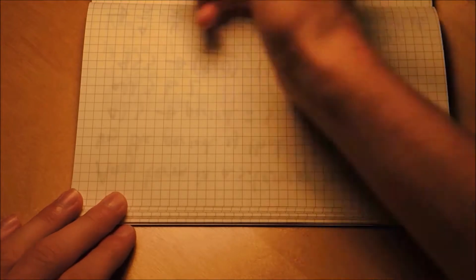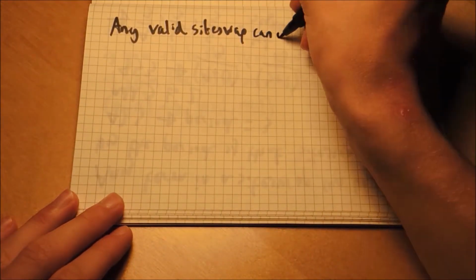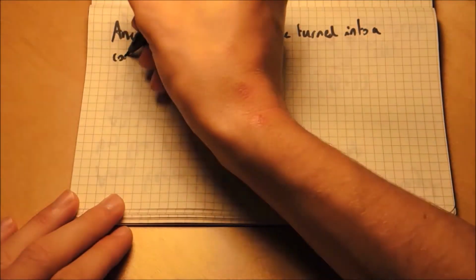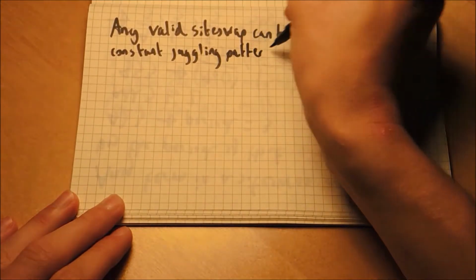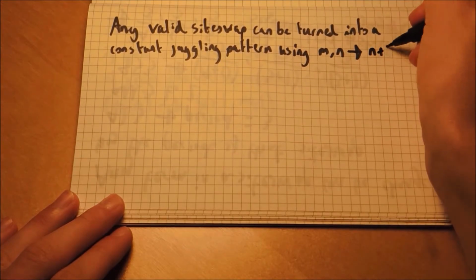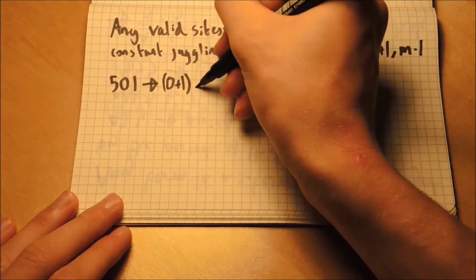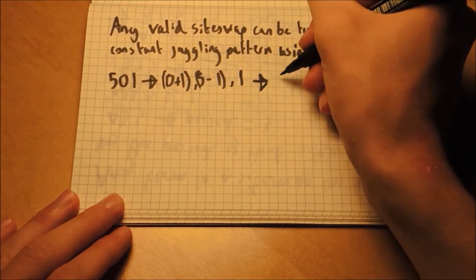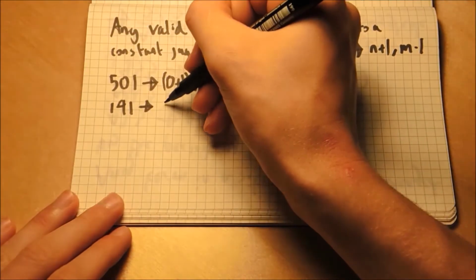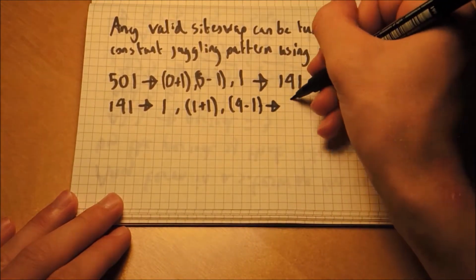These swaps are also interesting because we find that any siteswap that is juggleable can be turned back into a constant juggling pattern that uses the same number of balls as that original siteswap. So we're using the swapping pattern. We start with 501. We swap 1 and 5 to get 1, 4, 1. We take 1, 4, 1, and then we swap 4 and 1, and we get 1, 2, 3.